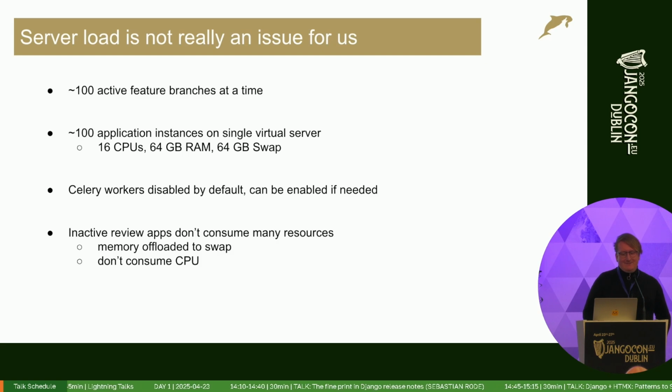Because if we disable the Celery workers, then most of these apps are not really used. They are available if someone comes in the process to use them, but most of the time they're just inactive. So almost all the memory footprint will be just offloaded to the swap and not be touched for a week or two or something. And also they don't really consume any CPU unless they are actively accessed.